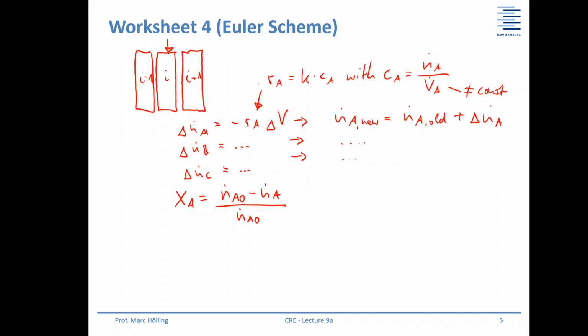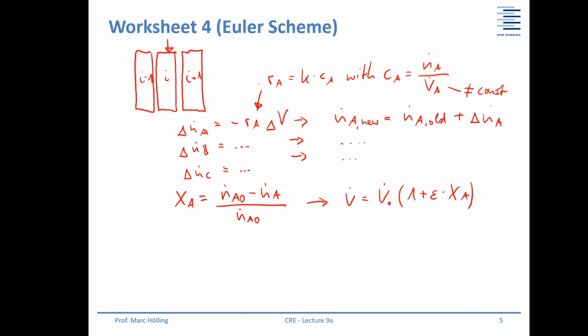If you're right now in your slice i, then you can calculate your mole flow in this slice, then you can calculate the conversion in here, and then you can say, okay, my new volume flow is the volume flow at the inlet times 1 plus epsilon times XA.